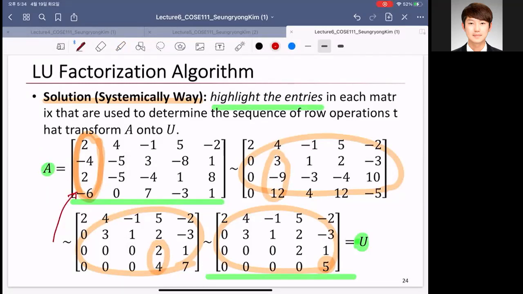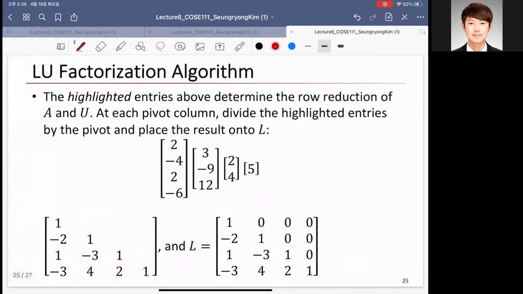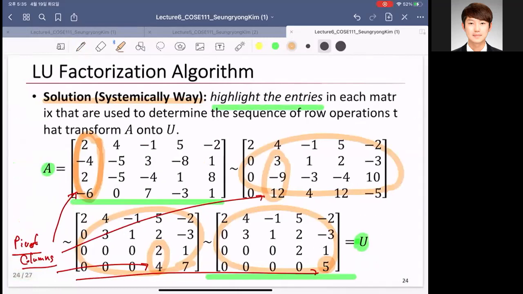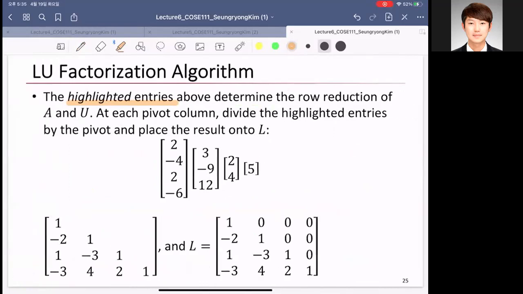Because they are pivot columns. Right? It's very straightforward, right? Then we will use these properties. The highlighted entries above determine the row reduction of A to U.